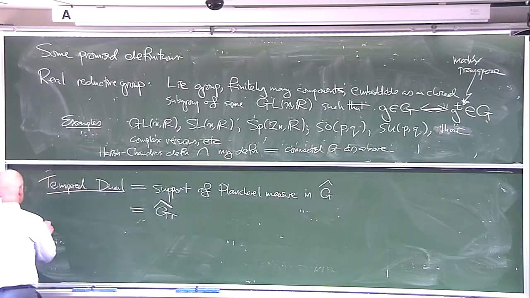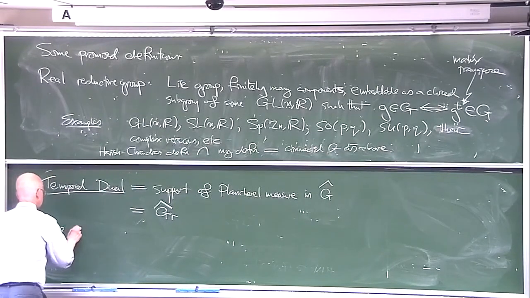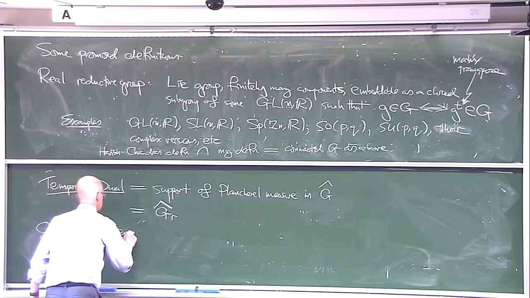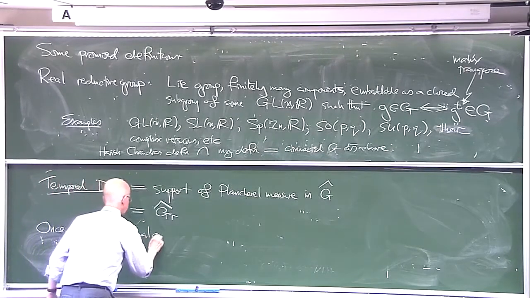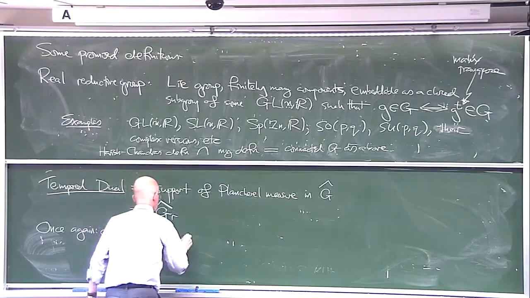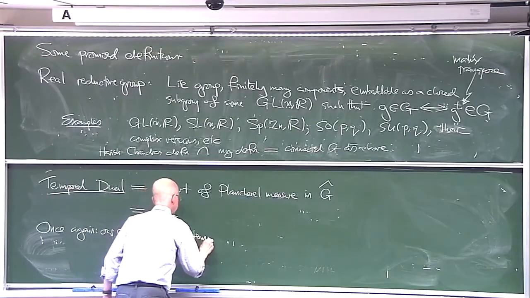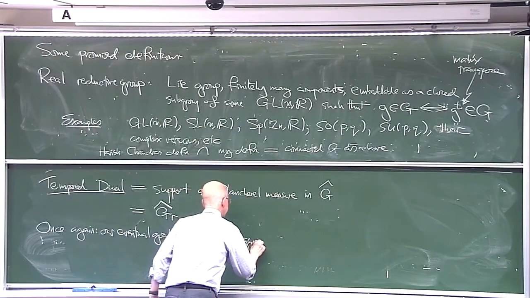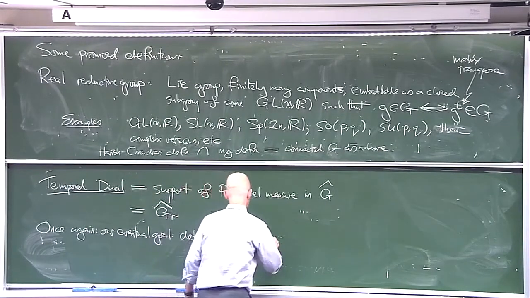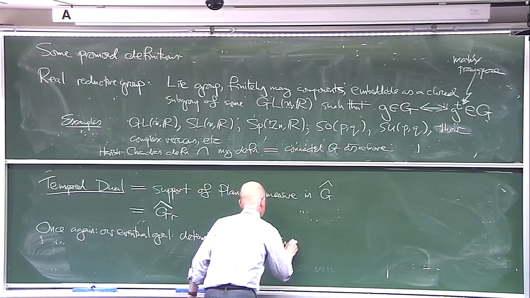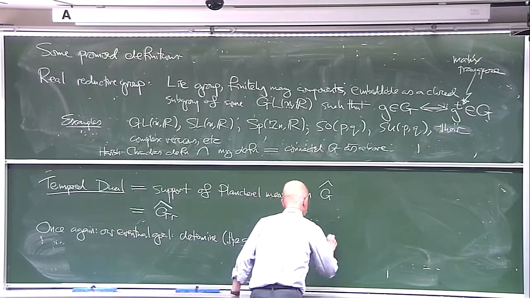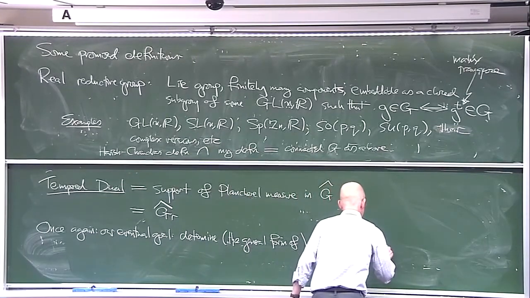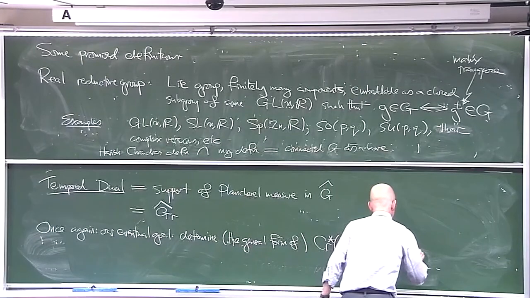So once again, our eventual goal is to determine at least the general form of the reduced C-star algebra of G, or, more or less equivalently, Harish-Chandra's Plancherel formula. Some of the details are too complicated for us.